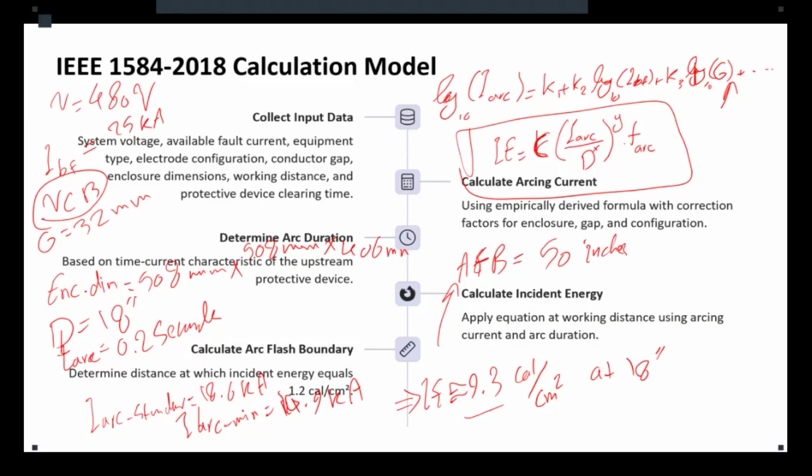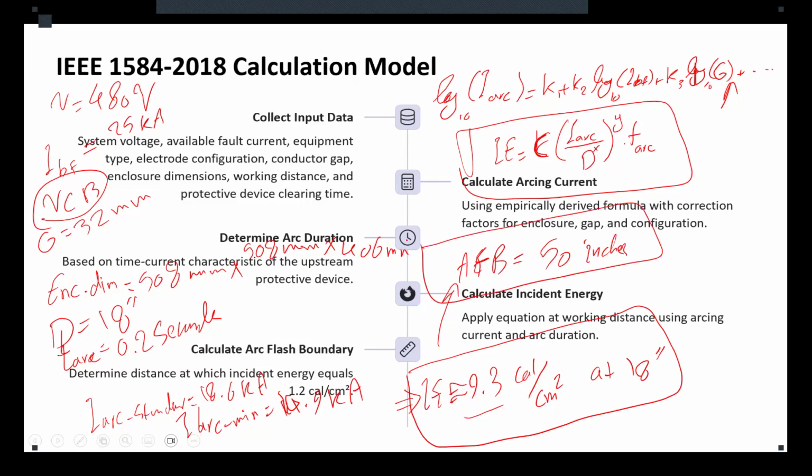So when you do this calculation, these are the most important parts: you have your incident energy and your arc flash boundary. Based on the categories defined in IEEE 1584, this means you have PPE category 2 or 3, depending on your policy.